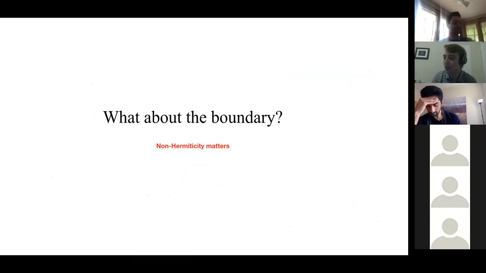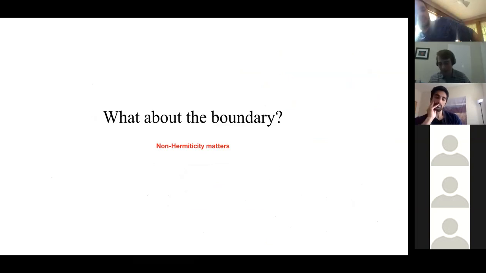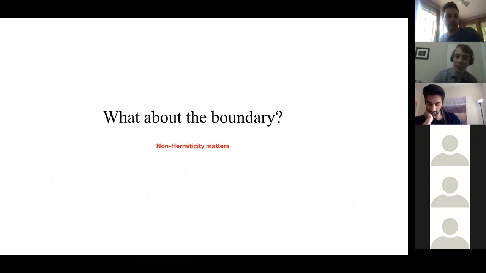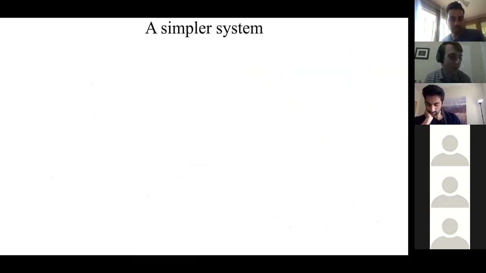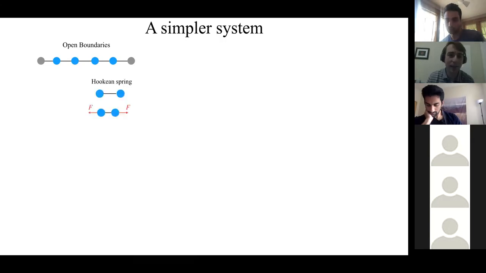So before I get into it though, I want to start with just even a simpler system. Before we do the elasticity, let's do something as trivial as we can make it. So what you're looking at here is a line of masses connected by springs, right? These are just regular Hookean springs.